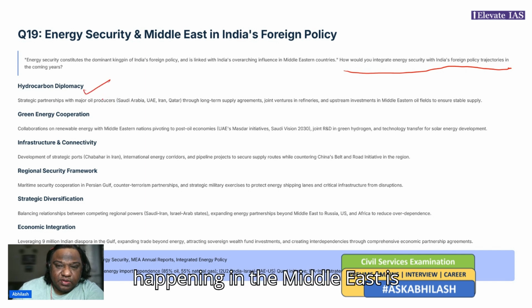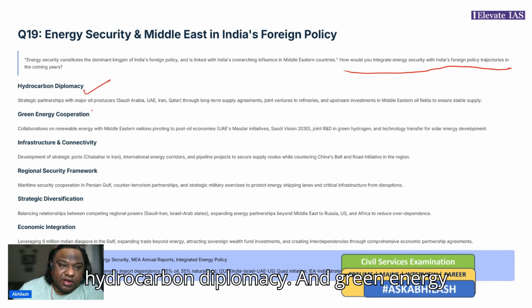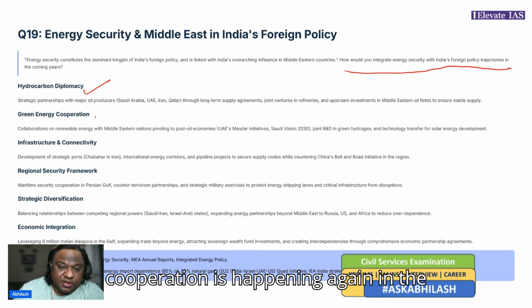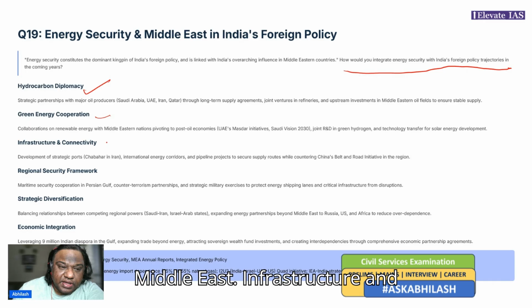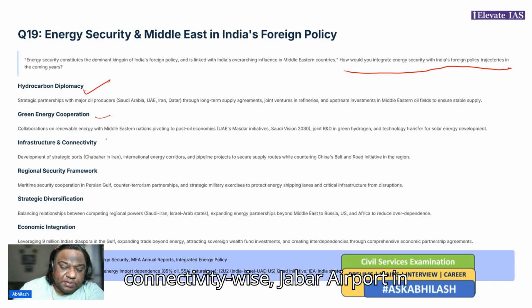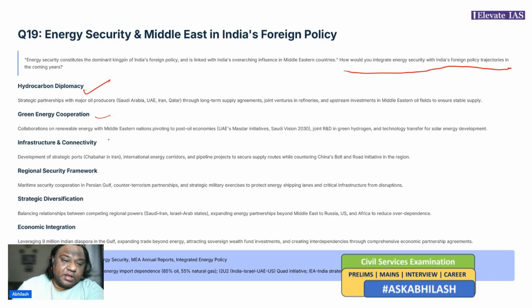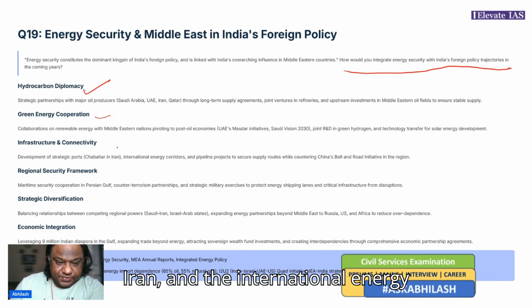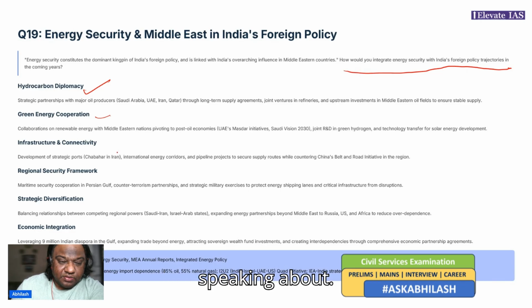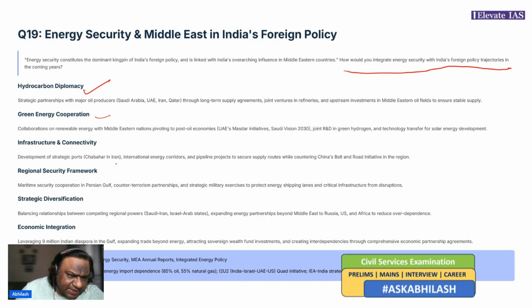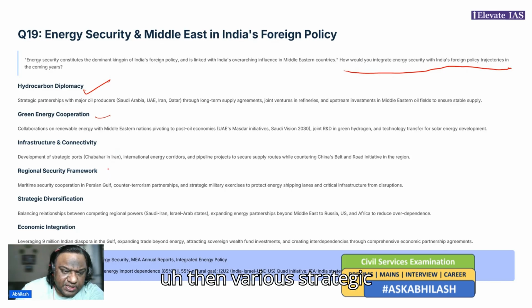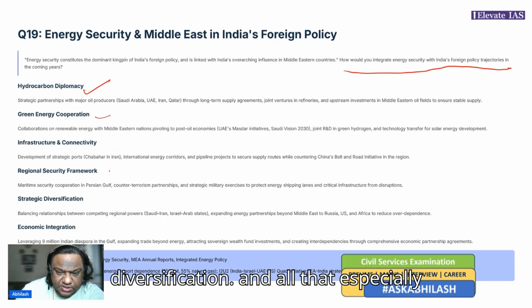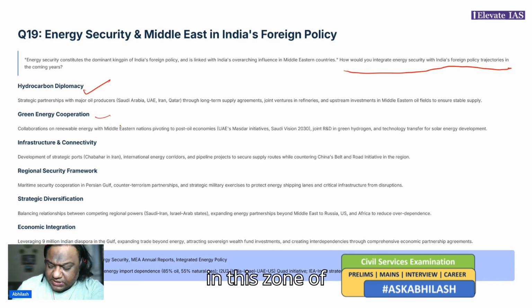Here, what is happening in the Middle East is hydrocarbon diplomacy, and green energy cooperation is again happening with the Middle East. Infrastructure and connectivity-wise, there is Chabahar Port in Iran, and the International Energy Corridor and pipeline that we are speaking about. Then the regional security frameworks, then strategic diversification and all that, especially in this zone.